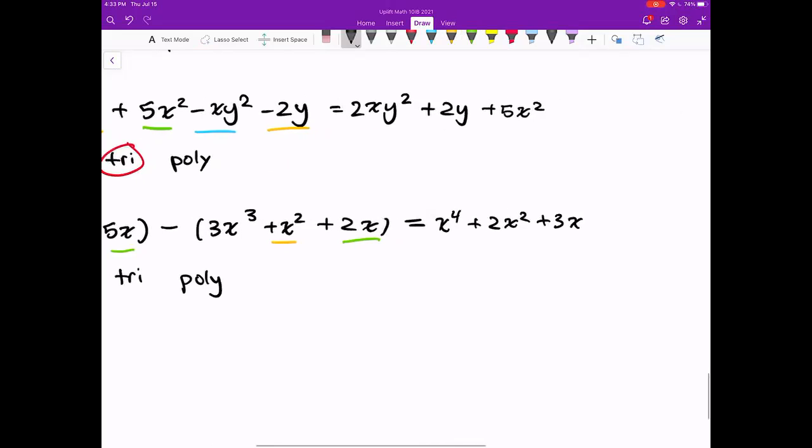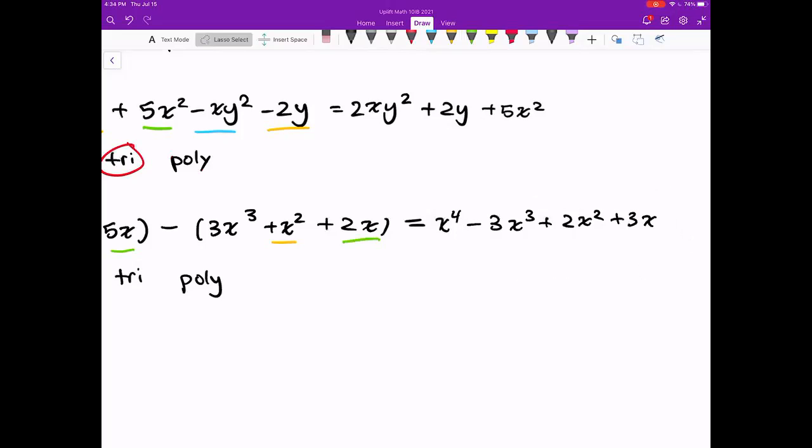And there is a negative 3x cubed. And so we'll have 4 terms, and that will be a polynomial. Let me just make this look nicer. Descending order.